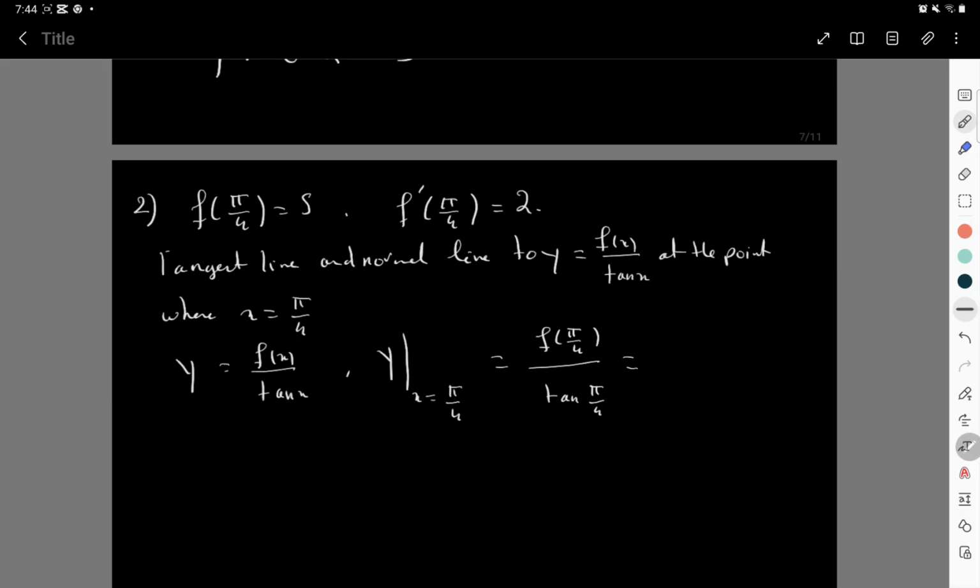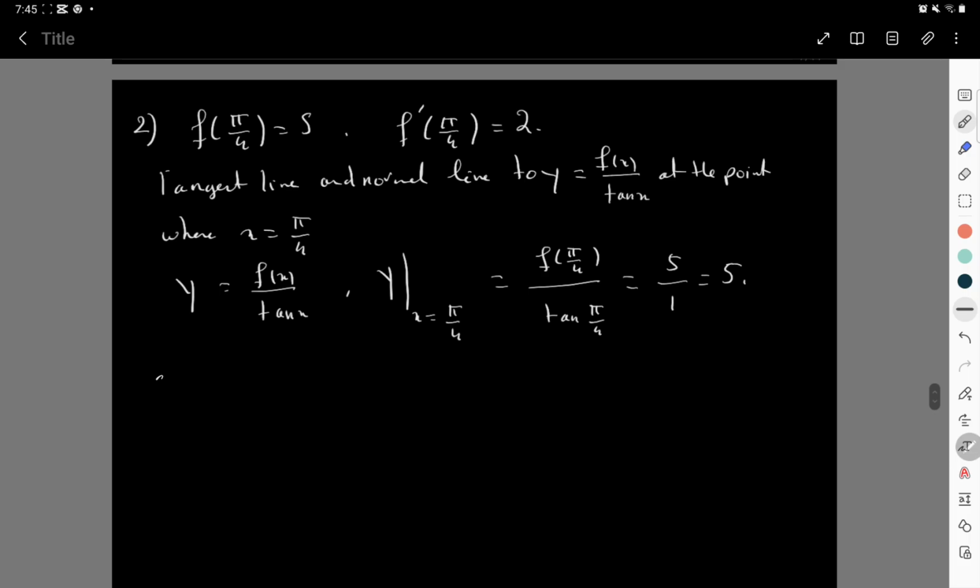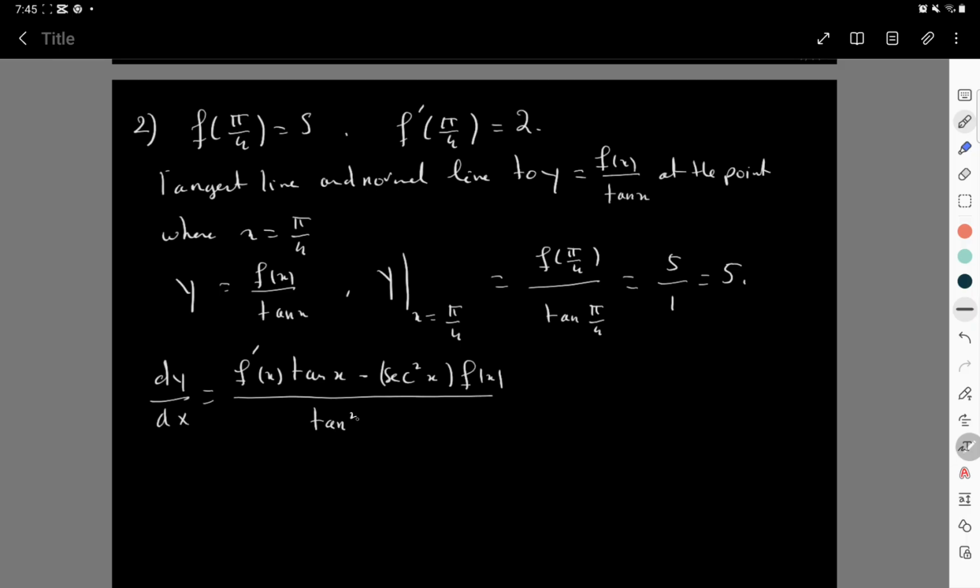Now we know that tangent pi over 4 is 1, so this is just 5 over 1, which is just 5. Okay, now what do I need here? I need dy by dx. What is dy by dx? By the quotient rule, this is just f prime of x tan of x minus the derivative of tan of x, which is secant squared x, times f of x, over tan squared x.